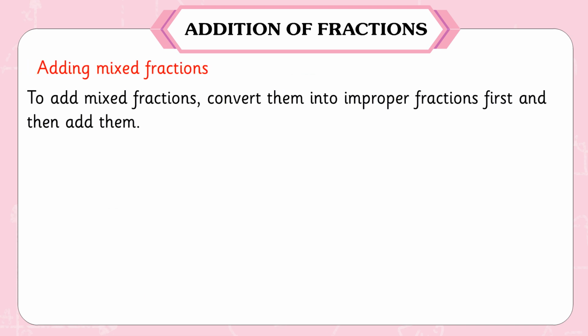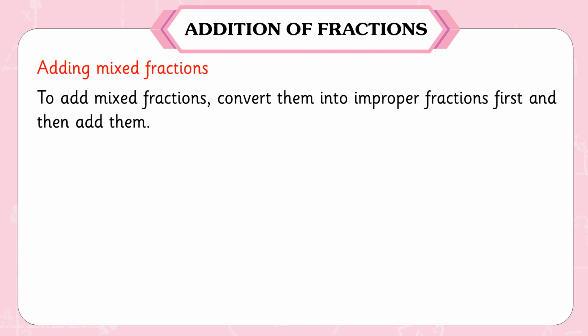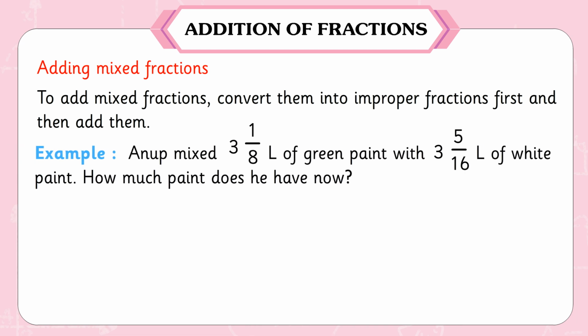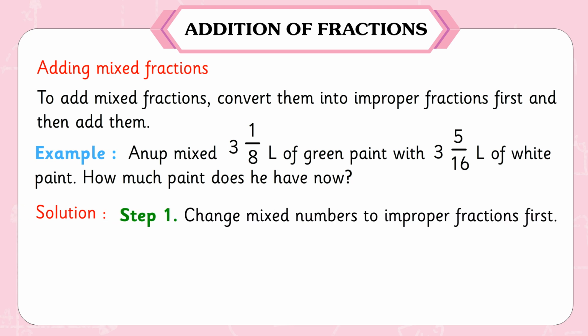Adding mixed fractions. To add mixed fractions, convert them into improper fractions first and then add them. Example: Anoop mixed 3 whole 1 by 8 liter of green paint with 2 whole 5 by 16 liters of white paint. How much paint does he have now? Solution: Step 1.